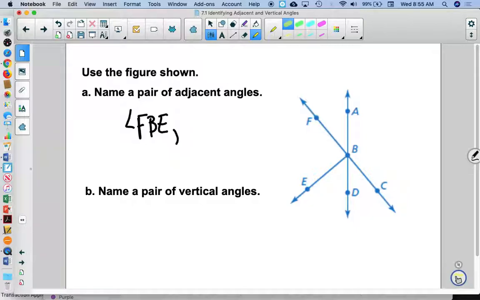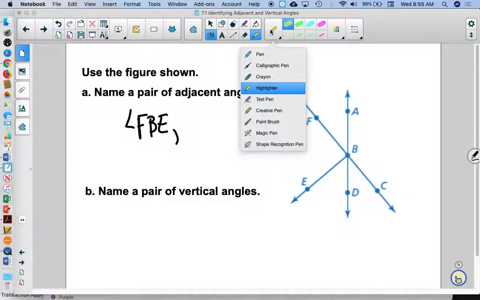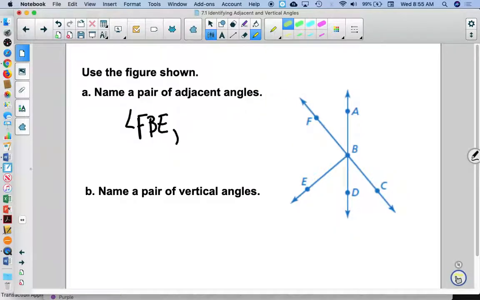FBE is nothing more than this angle right here, okay? What angle is adjacent to that one? They have to share the vertex and a side.